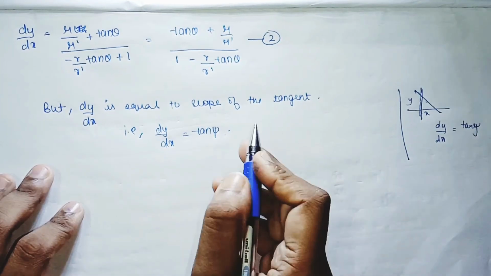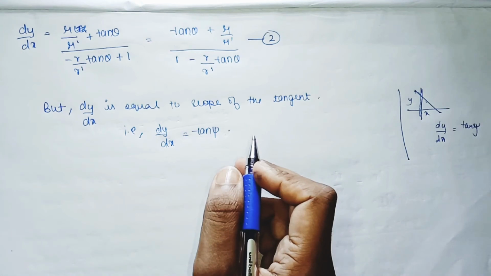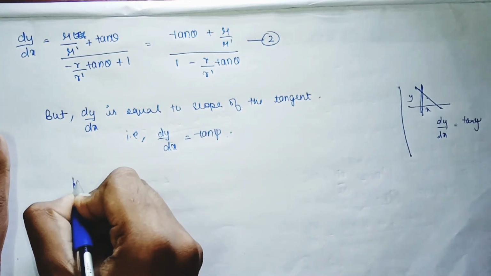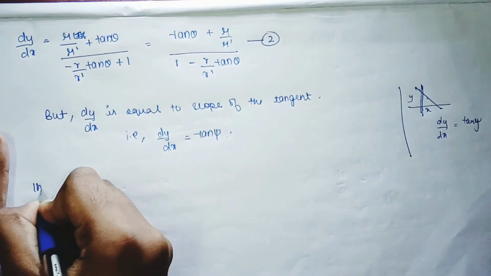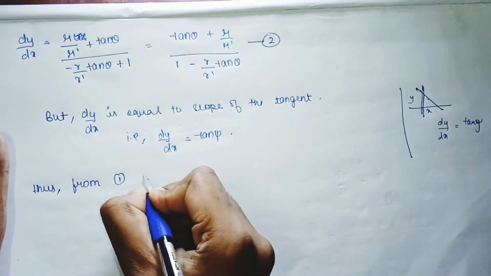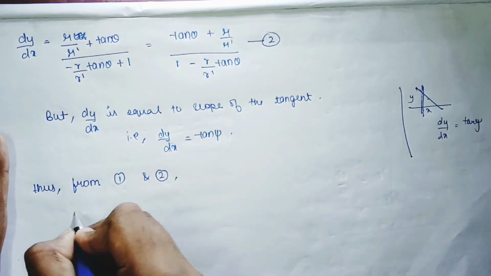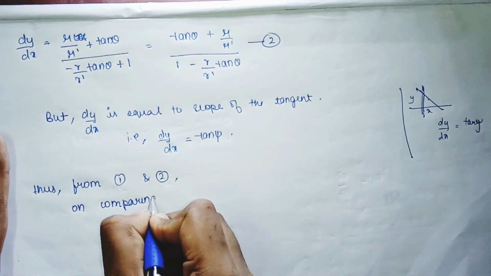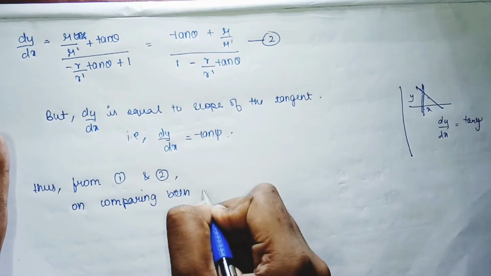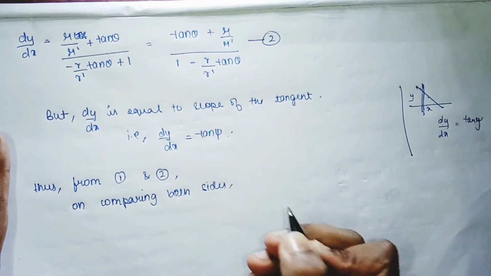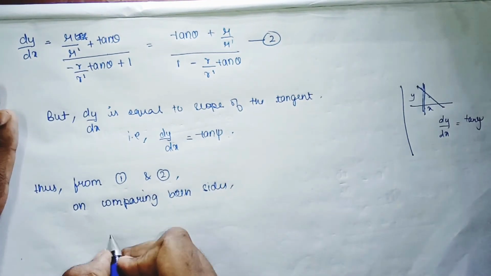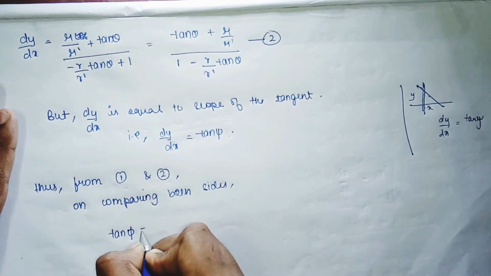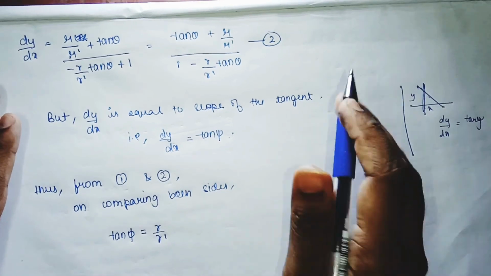Both are equal, which means our equation 1 and equation 2 are equal, and hence on equating from 1 and 2, on comparing both sides, what do we get? We'll get tan phi equal to r by r dash. How do we get that?